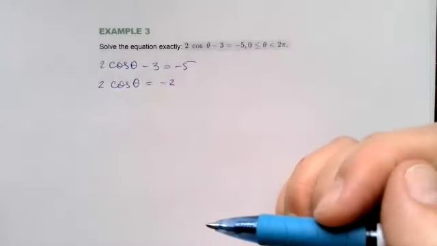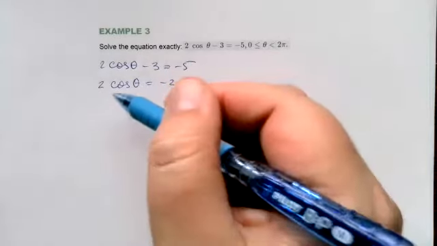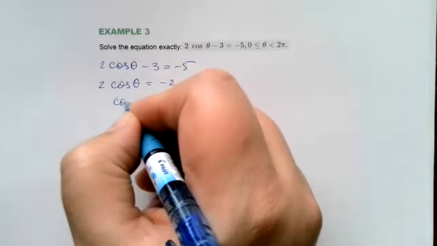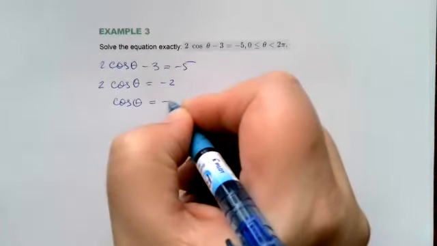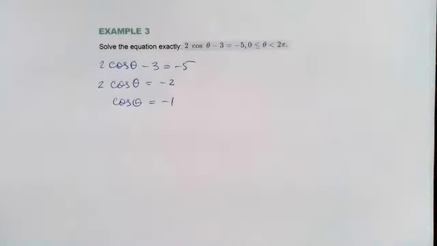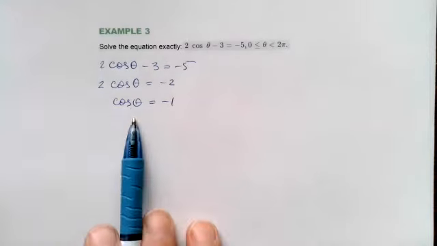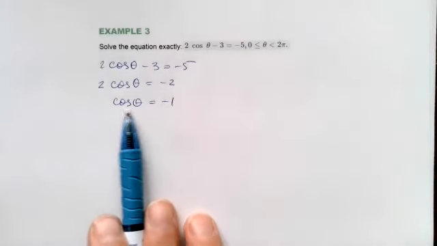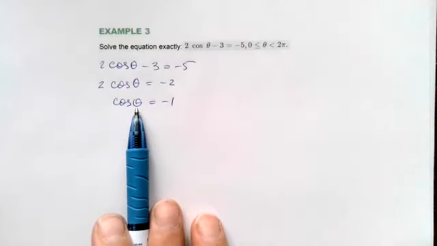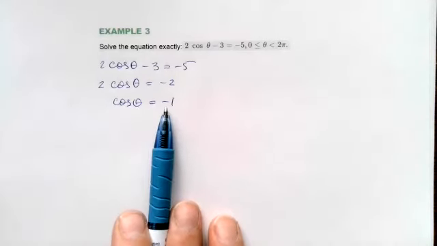And then we would divide both sides by 2, right? If it was 2x equals -2. So cosine theta is -1. All right, so we solved our linear equation. Now we have to solve the trigonometric equation involving cosine. So where is cosine theta equals -1?